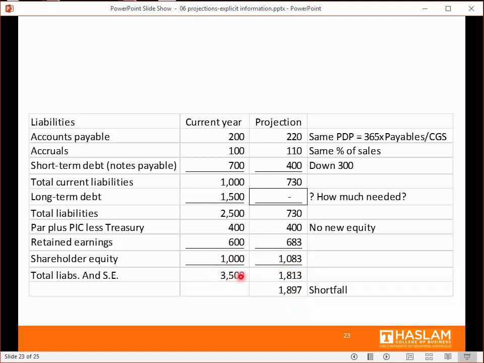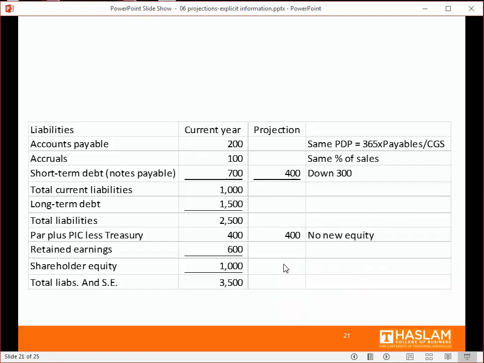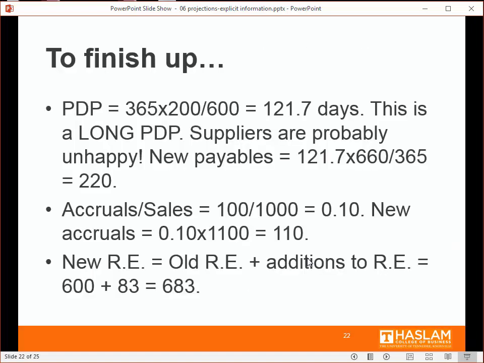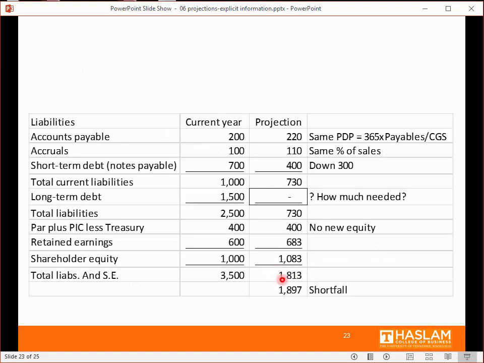We need 3710. That's what our assets need to be. Our total assets is 3710, so our total liabilities and equity needs to be 3710. We've got 1813, and so that leaves us a shortfall of 1897, which is what's going to have to be our long-term debt amount.